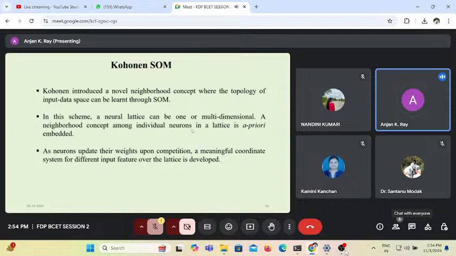It's up to us, depending on the problem and the resources. Resources are important because when you increase the dimension of the network, the calculation will be higher. The neurons update their weights upon competition, and a meaningful coordinate system for different input features over the lattice is developed. How these neurons compete with each other, we'll discuss.